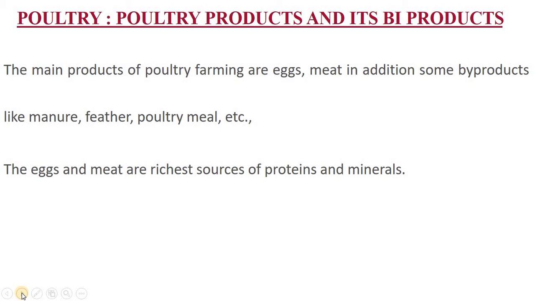In addition, there are some byproducts like feathers, poultry meal, manure, etc. Eggs and meat are considered the richest source of proteins and minerals.